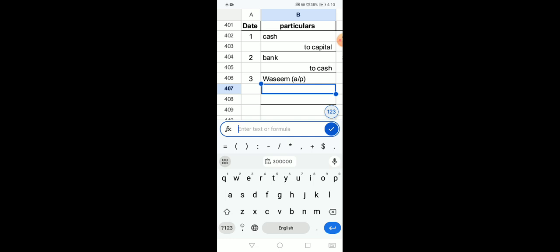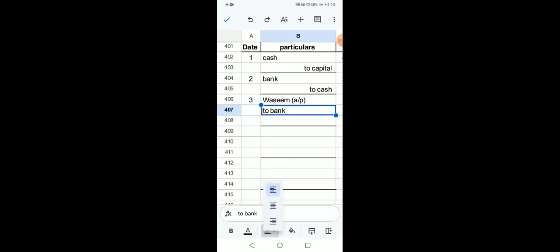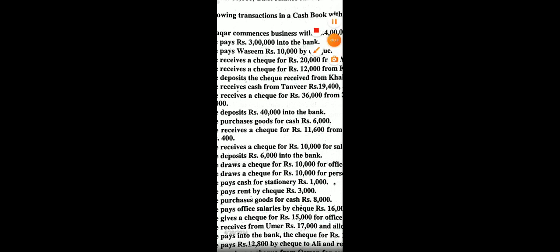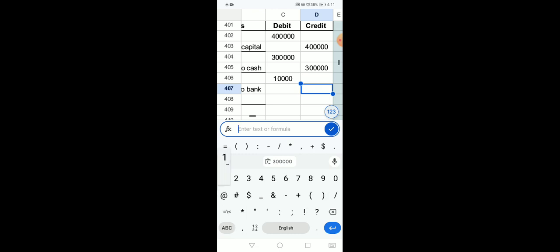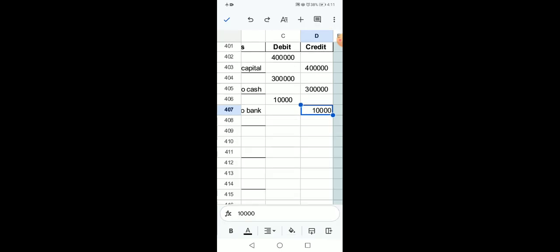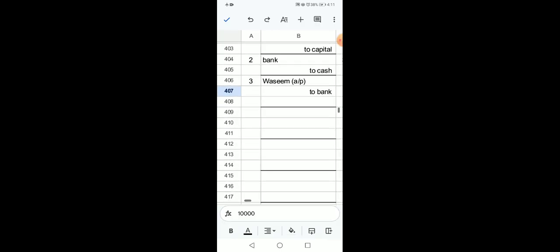Decrease in asset should be credited, so you will credit your bank account. Now we will see the amount of number 3, and that is 10,000. So you will write 10,000 on the debit side, and at the same time you will write 10,000 on the credit side. This way entry number 3 is completed.